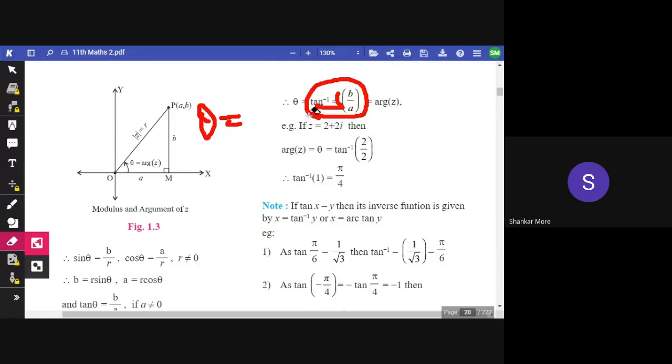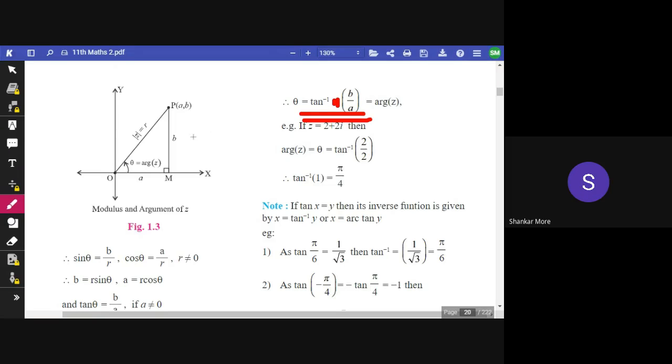Here is a print mistake also. If your book also has this print mistake, correct it. The equal sign is not here. These two are one. Tan inverse of b by a, that is theta.